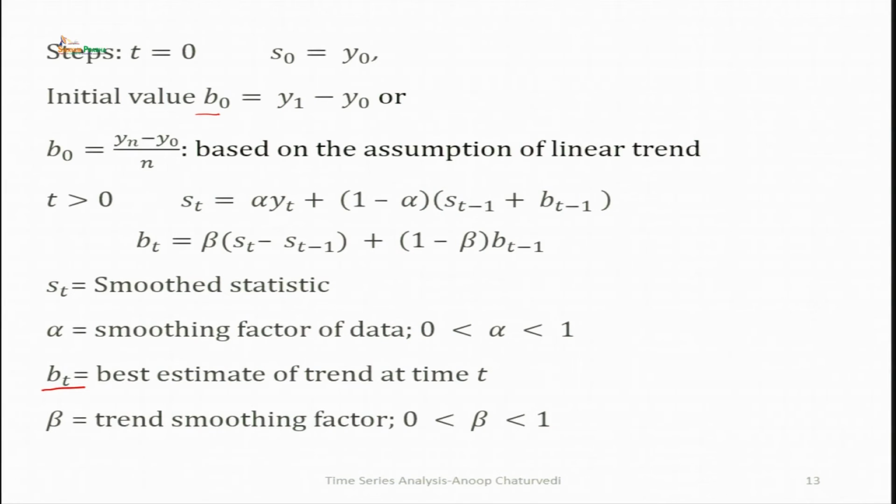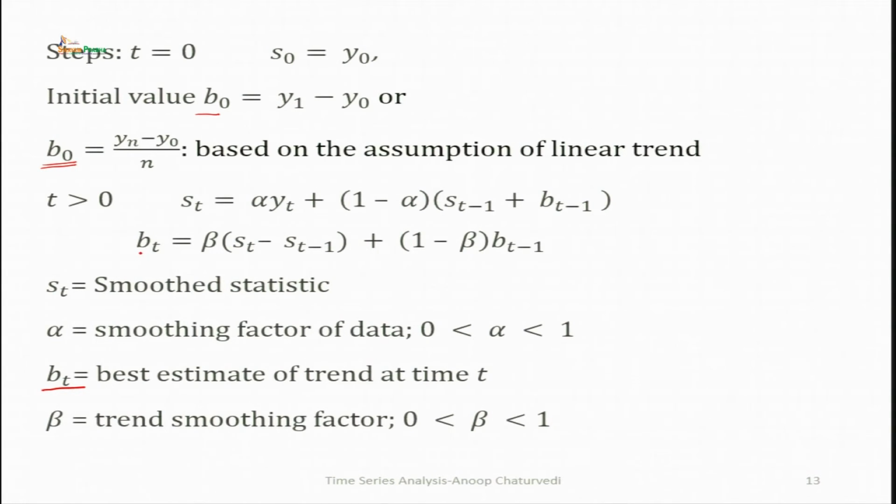When you move from t to t plus 1, this is actually the average rate of change in y's. For t greater than 0, we define S t equal to alpha y t plus 1 minus alpha times S t minus 1 plus B t minus 1. This term B t minus 1 takes care of the trend.